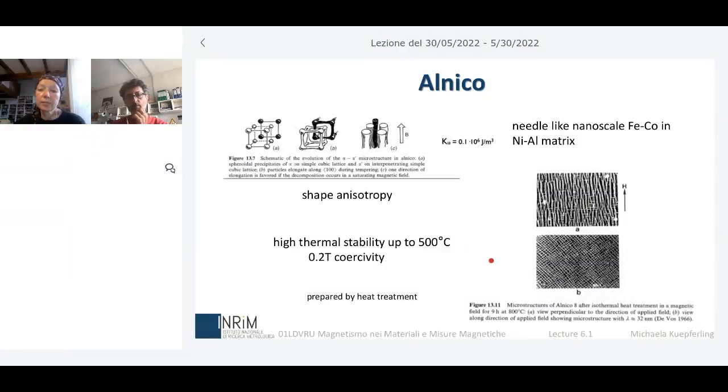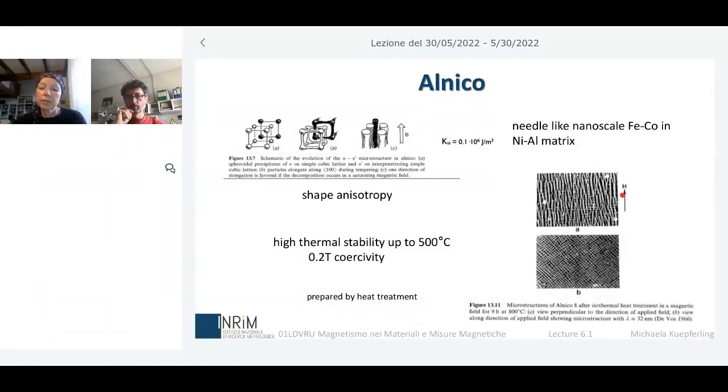And here in Alnico, we exploit exactly this fact of shape anisotropy. With a very tricky heat treatment in a field, you can manage to have in this material needle-like nanoscale iron cobalt particles, which are in a nickel aluminium matrix.